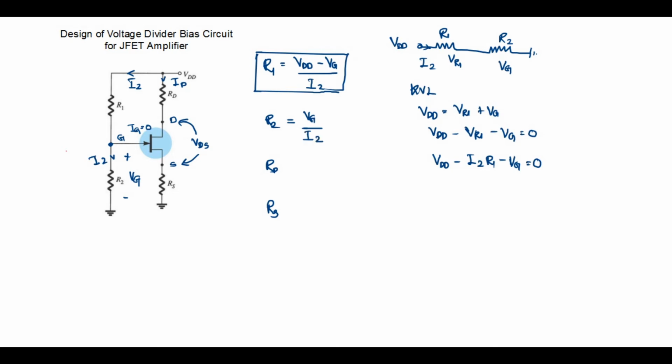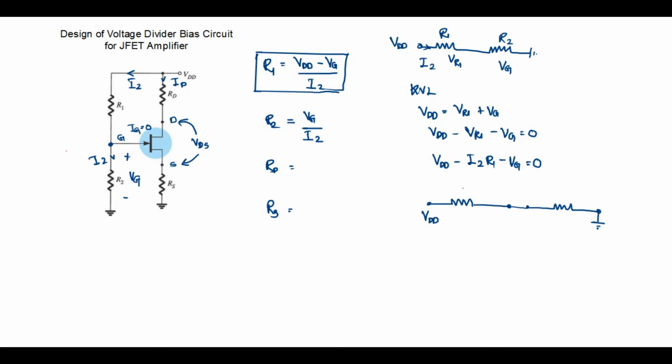Right, this is done. We'll go on to the other side of the circuit. In order to obtain RD and RS, I will draw it again in a similar way. VDD, we have RD, then we have a point here, then we go further and draw this, and this is connected to ground. The voltage we are applying here is VDD.